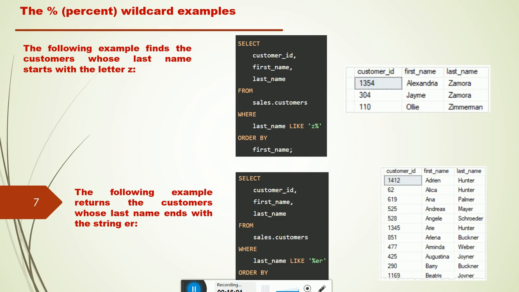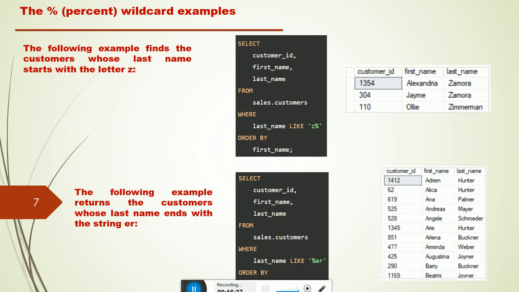SELECT customer_id, first_name, last_name FROM sales.customer WHERE last_name LIKE '%ER' ORDER BY first_name.